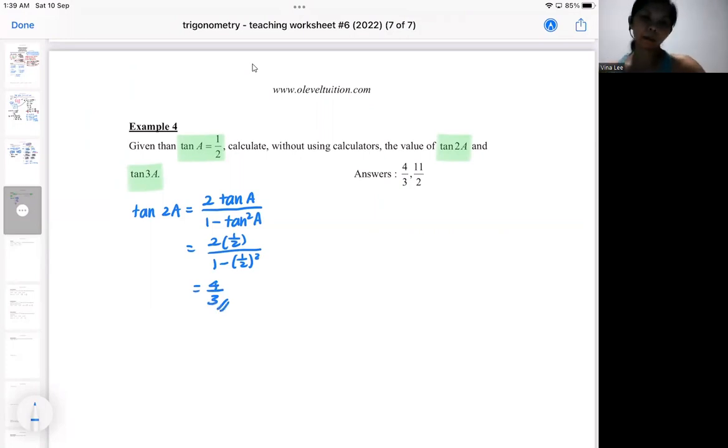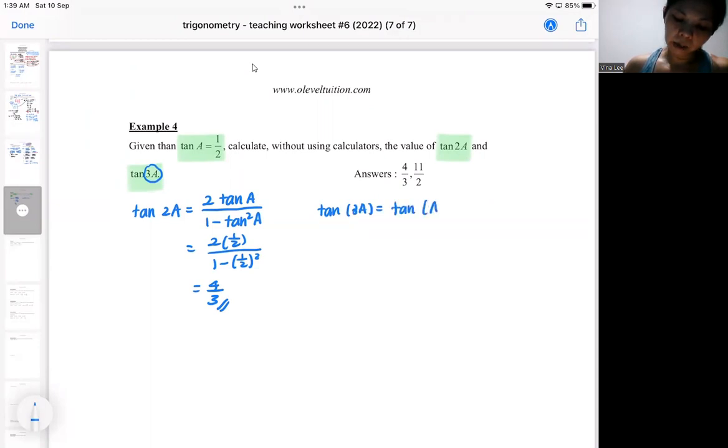So most people get stuck with tangent 3A. Tangent 3A is an odd angle. So when you see an odd angle, you try to break it up. It will be A plus 2A.